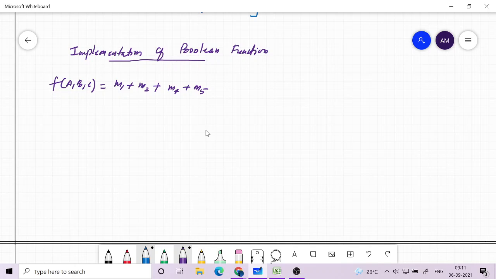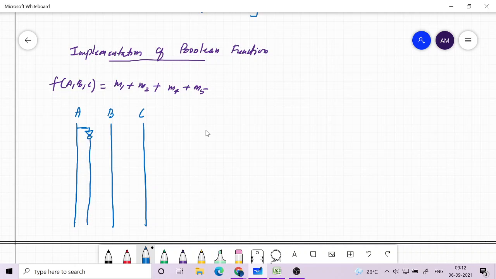I assume that the literals, that is A, B, C, are available in direct form and complement form. So let's say this is our A, this is our B, and this is our C. This line corresponds to the A input, and then I can just use a NOT gate and create this.